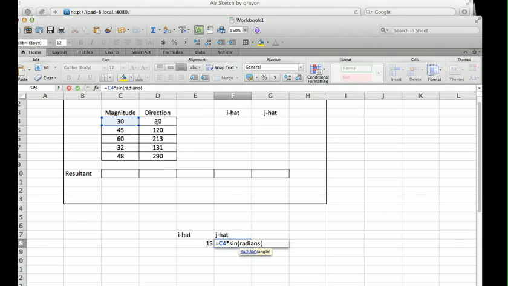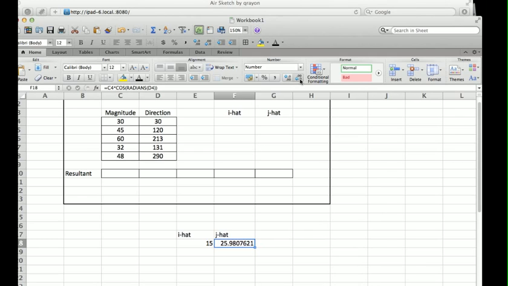That's going to be cosine. Sorry about that. I'm sure you're saying, I'm winging this. Forgive me. Okay, and let's go back here and make sure that's cosine. Cosine of radians of D4. Looks like I'm going to need another parenthesis there. Good, I think.